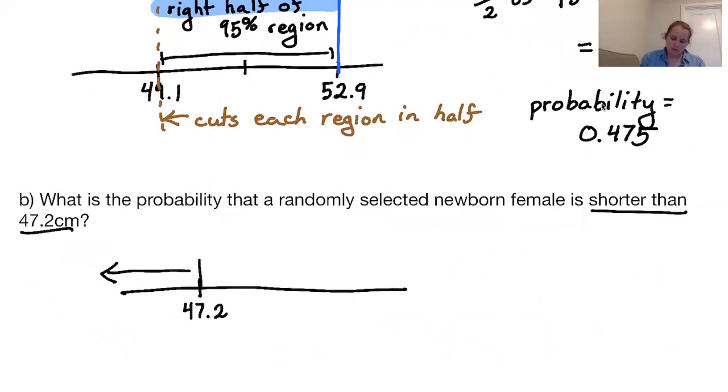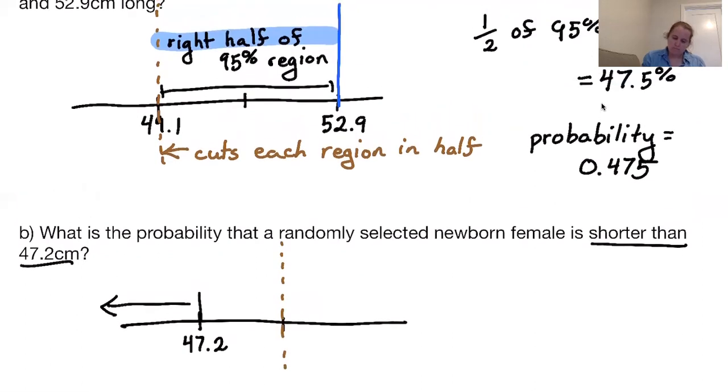So this was just one tick mark below the mean. So we have a couple ways to do this. One way is to know the 47.2 is on that purple region.